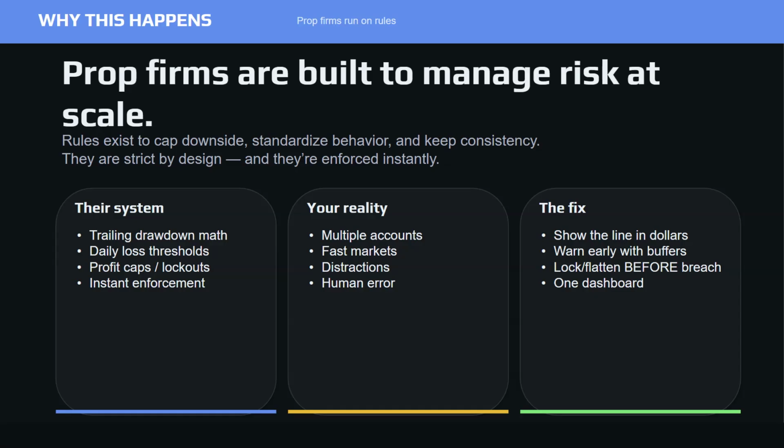This system has the trailing drawdown math, daily loss threshold, profit caps, instant enforcement, which is, if you break a rule, you get the stop message. But in your reality, you have a lot of accounts, you have a fast market, you are distracted, you are human, right? So what's the fix here? The fix is to show the line in dollars.